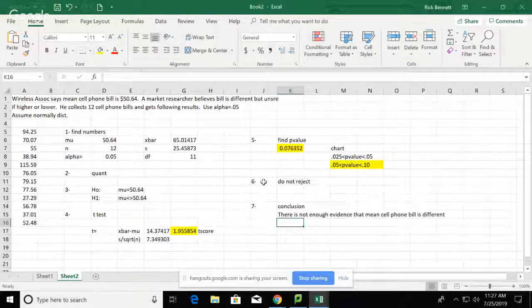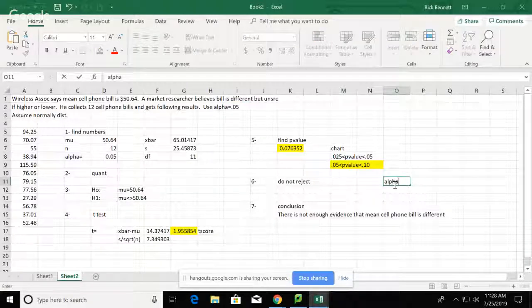Now, let me ask you a question. If my alpha was 0.10, would there be enough evidence? Yes, there would be if my alpha was 0.10. And I probably should have used 0.10 with such a small sample size, right? But I didn't. Let's pretend that alpha equals 0.10, that means we would reject the null, right?